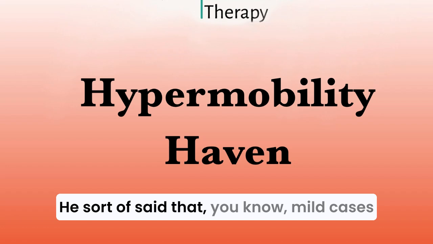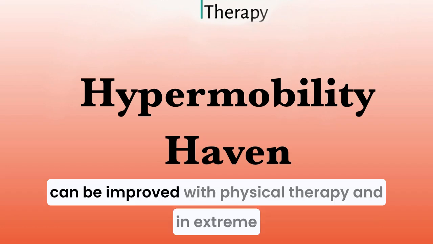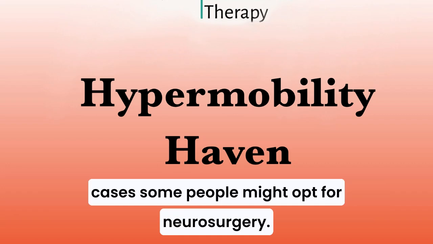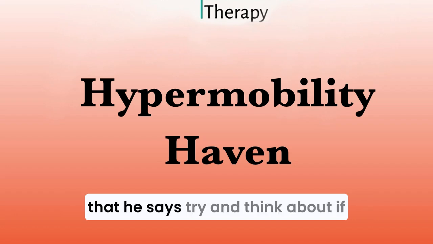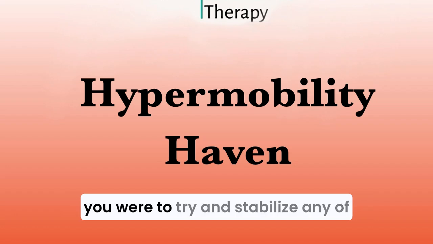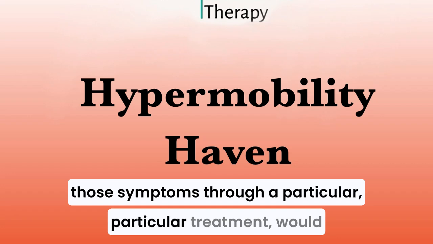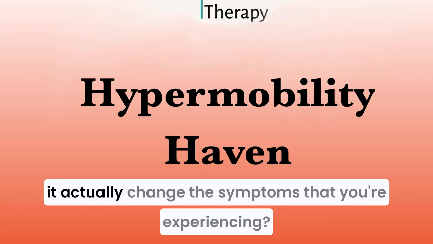He said that mild cases can be improved with physical therapy, and in extreme cases some people might opt for neurosurgery. But really the key takeaway from that is that he says, try and think about if you were to stabilise any of those symptoms through a particular treatment, would it actually change the symptoms that you're experiencing?